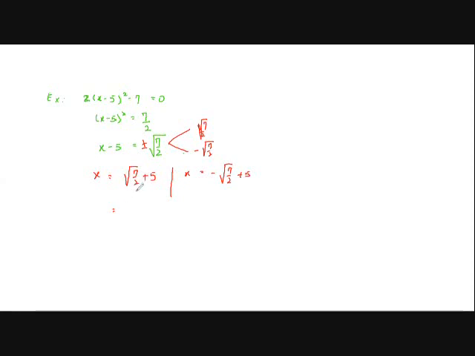How do you simplify? You rationalize the denominator. Root 7 over root 2 becomes multiplied by root 2 over root 2, plus 5. So you have root 14 over 2 plus 5. You can leave it that way, or simplify to get 14 plus 10 over 2. Either way.